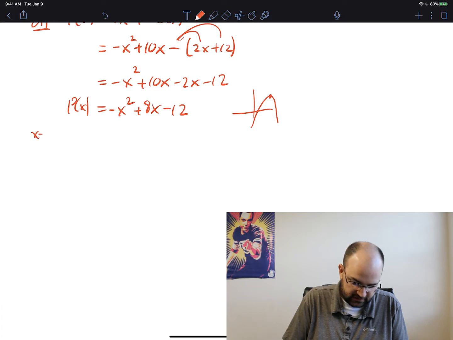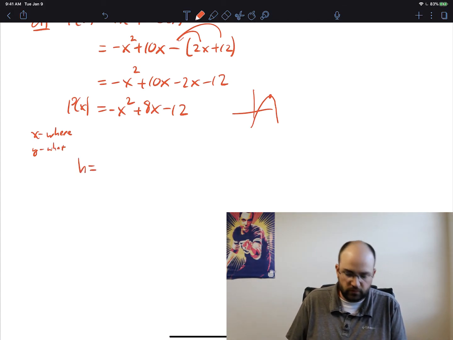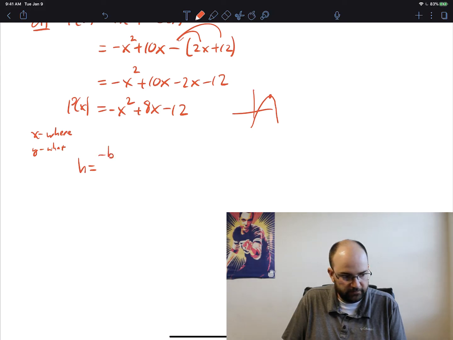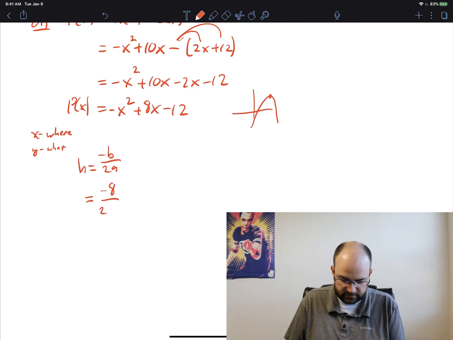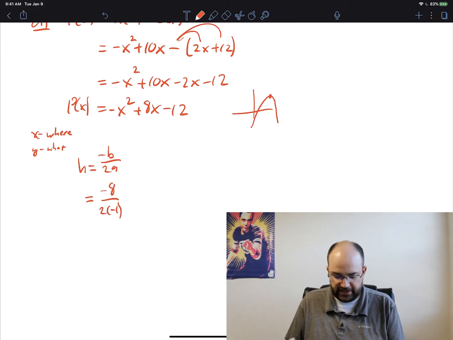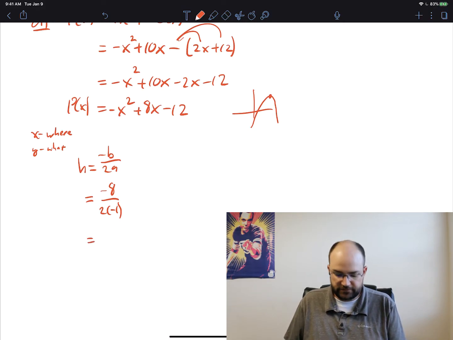So x is where, the y is what. So to find the x-coordinate, we use h equals -b over 2a. -b is -8 over 2 times -1. So -8 over 2 times -1 is -8 over -2, which is 4.